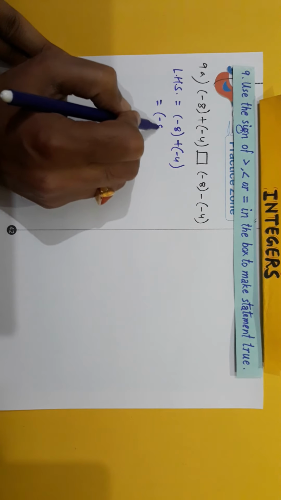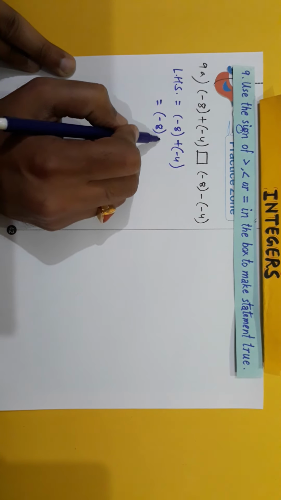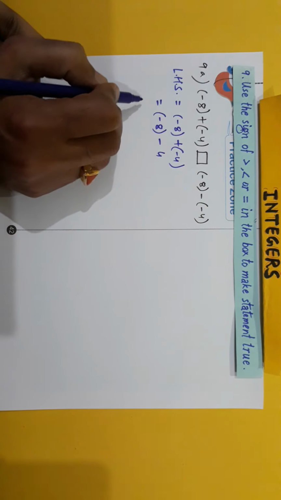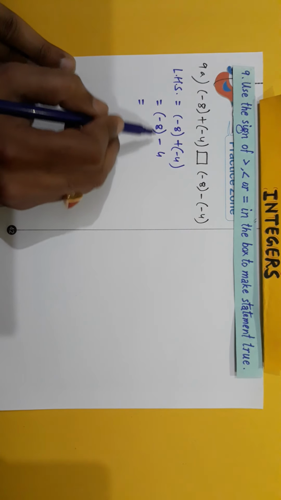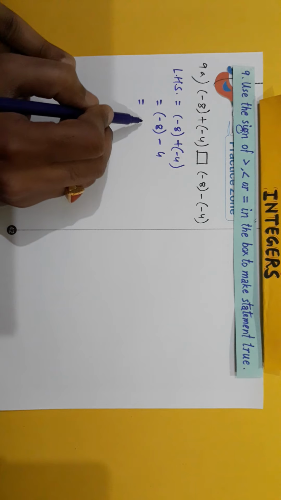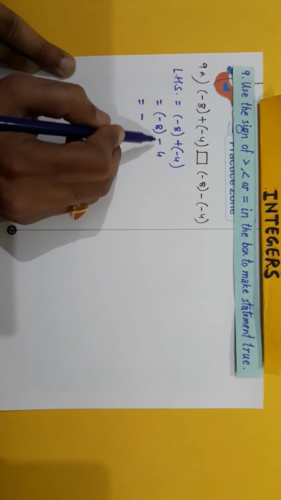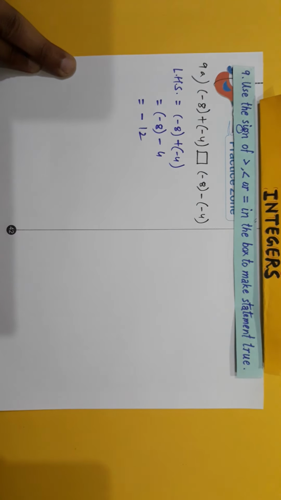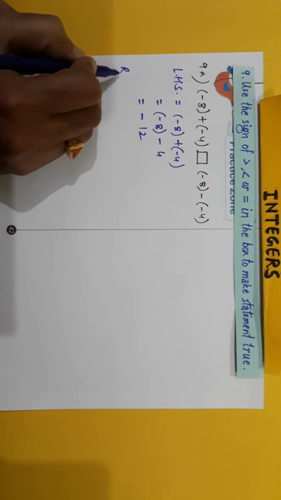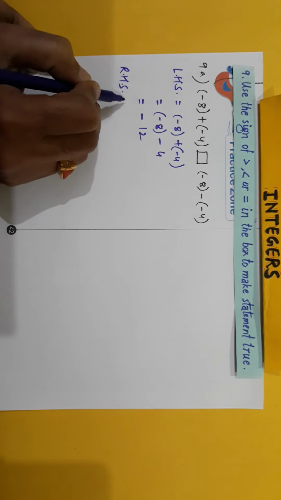Now as you know, plus into minus is minus, so here I have written minus 4. Now they both have the same sign, so they will get added and we will put the negative sign. So 8 and 4 is 12. In LHS you are getting minus 12. Now let's see RHS.